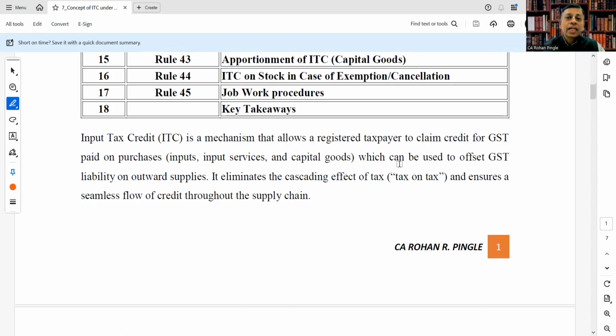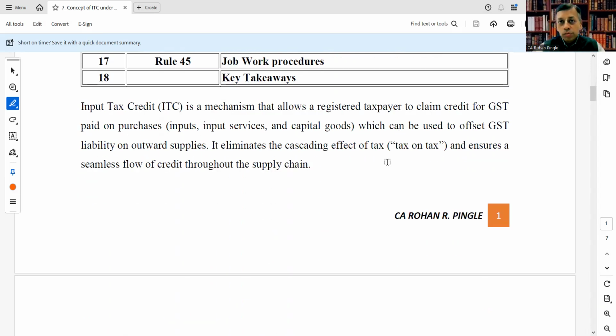Input tax credit is a mechanism that allows a registered taxpayer. To whom? A registered taxpayer. ITC is a mechanism that allows a registered taxpayer to claim credit for GST paid on its purchases like inputs, input services, and capital goods.